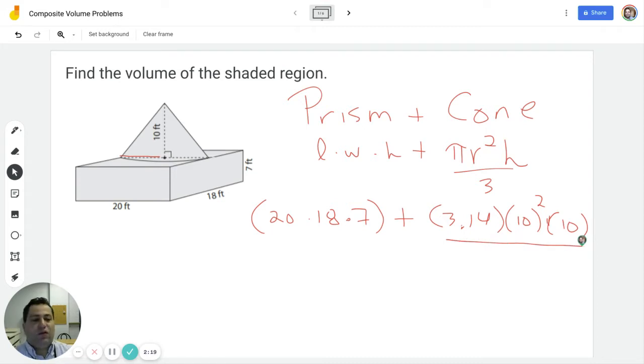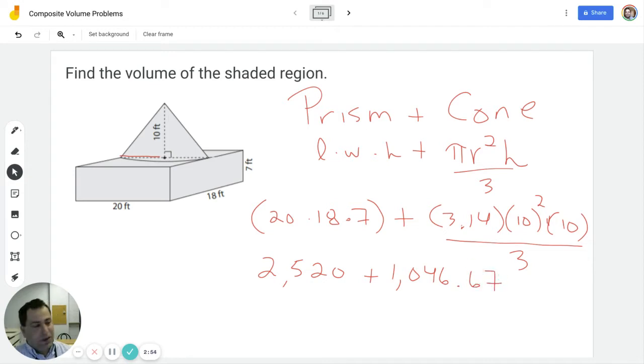Now it's just a matter of plugging these values into my calculator. So 20 times 18 times 7 is going to be 2,520. And then if I do 3.14 times 10 squared, which is 10 times 10 or 100, times 10 divided by 3, I get 1,046.67.